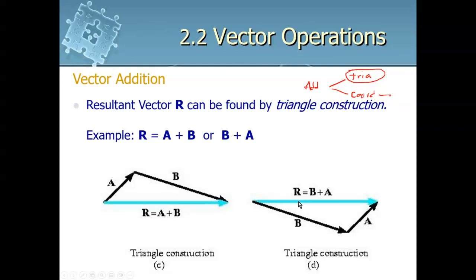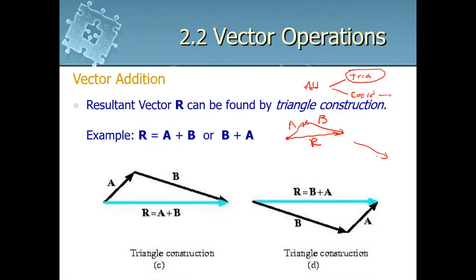So imagine I have 2 vectors here, and how do I add them together? The first thing is I construct a triangle by putting the tail of the second vector at the head of the first one, and then I go from the tail of the first one to the head of the second one, and that is the resultant. What if I want to add b plus a?